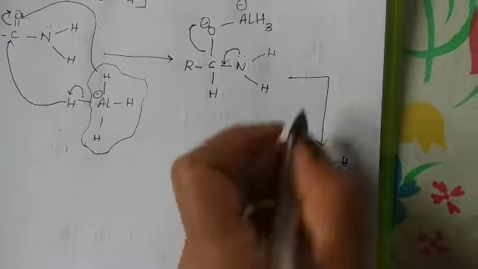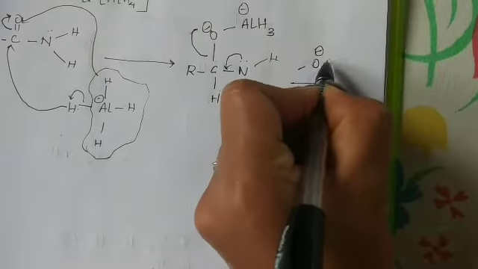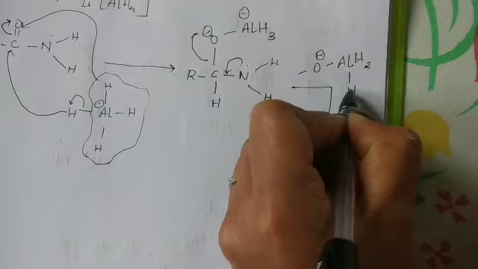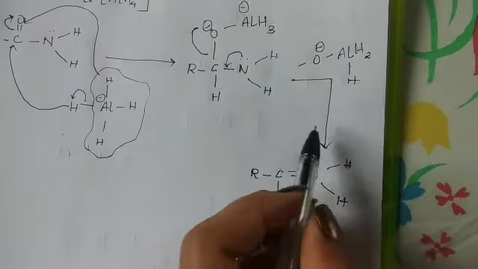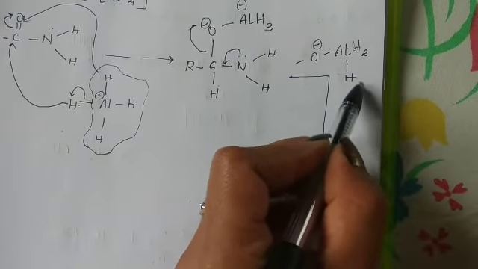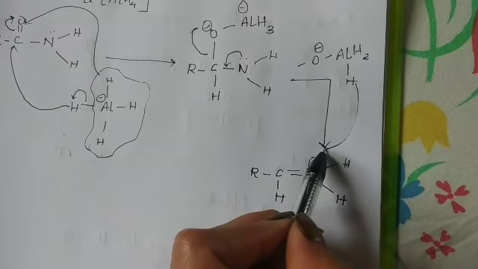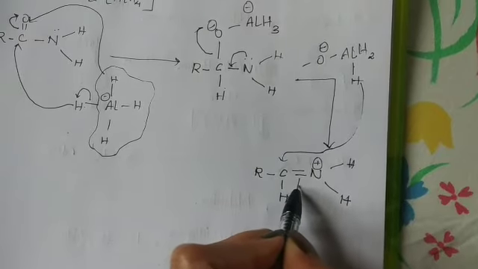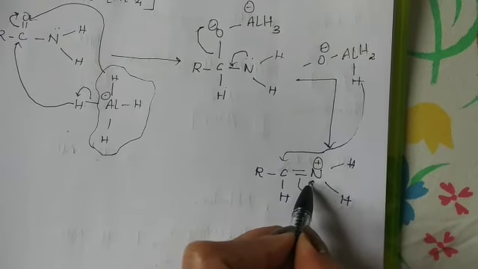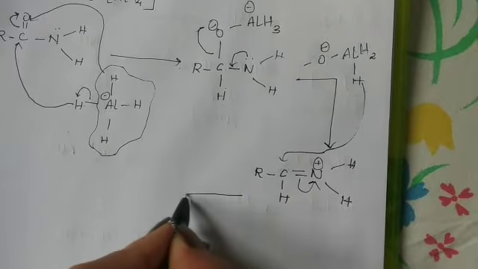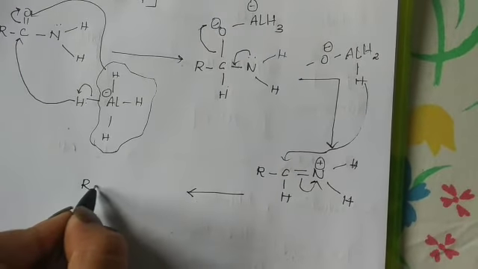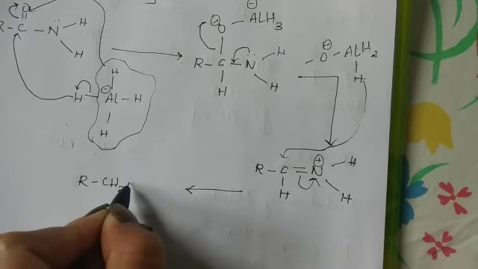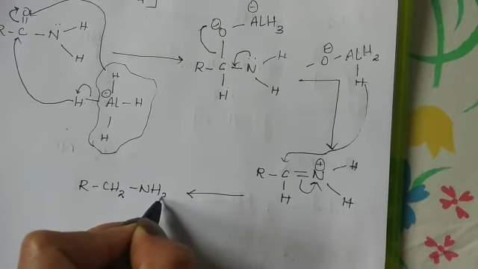Nitrogen would be partially positive, therefore there is removal of this. Now, this hydride hydrogen along with its bonding pair comes and attacks the carbon atom, and the carbon atom pushes the bonding pair to nitrogen again, and then we would get our amines.